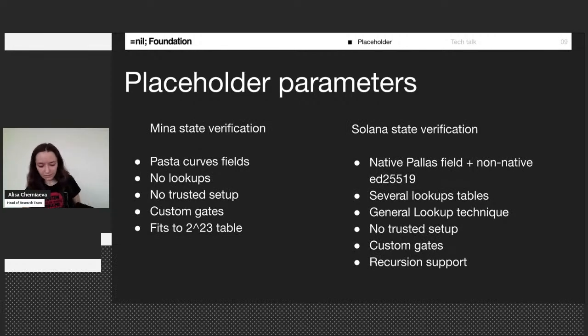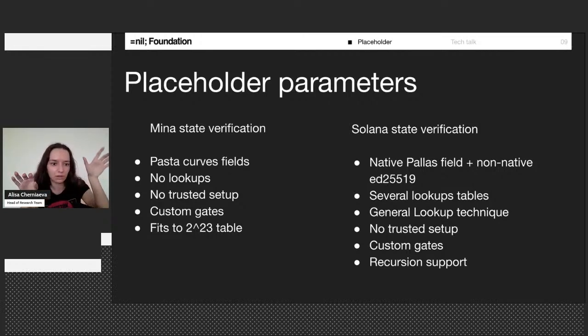Okay, let me give you some examples of how we can choose parameters. Firstly, we look at the Mina circuits. Just think about how we can prove the overall Mina state verification. Mina uses pasta curve fields, so we need to separate it into two parts.